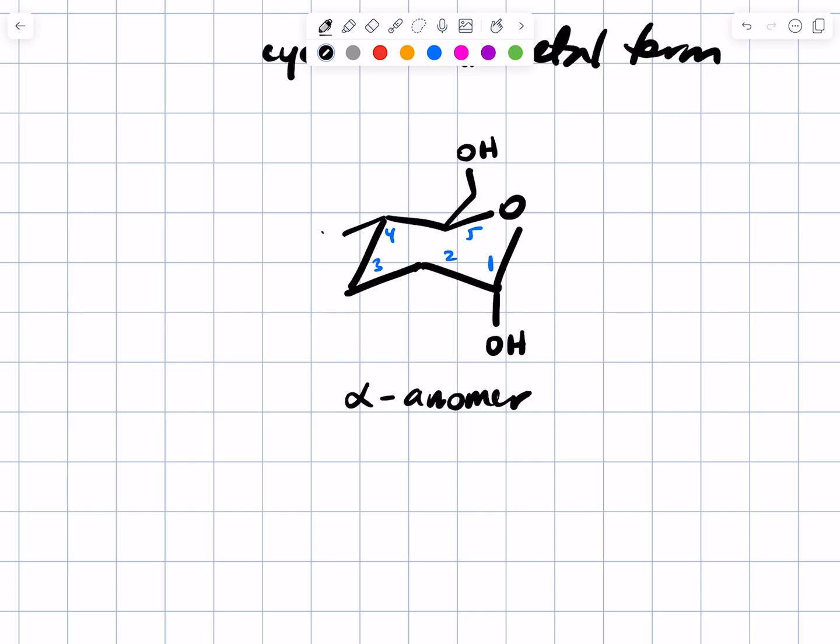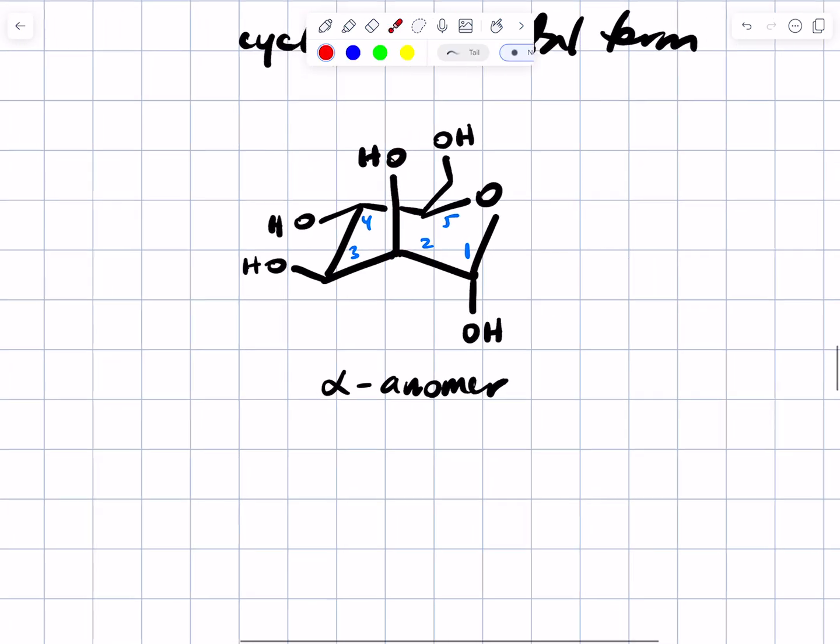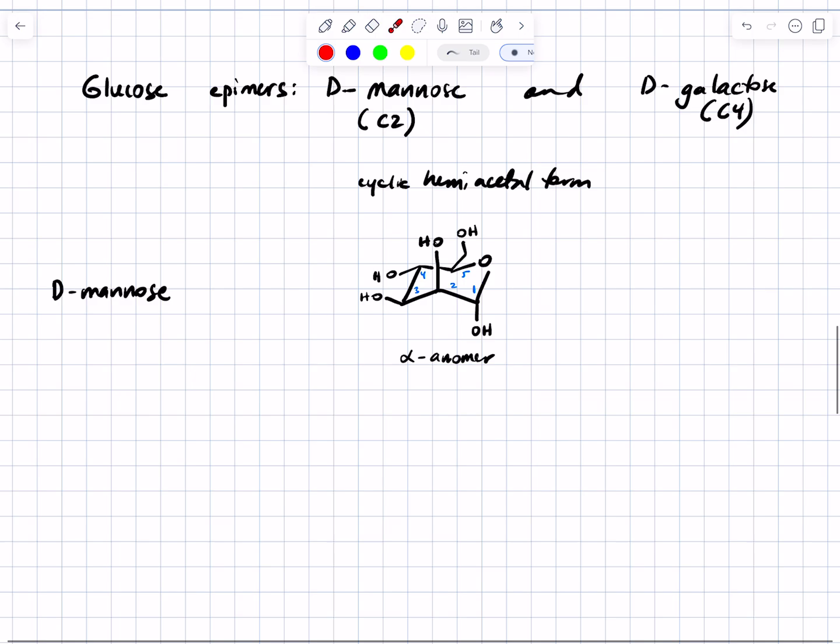Then remember, C4 at glucose is down, C3 is up, equatorial. In glucose, C2 was like this, so in mannose, C2 needs to be straight up. And if you want to redo that line in the back and make it sort of broken so that it's clear that this one's in the front, that's what makes mannose different from glucose.